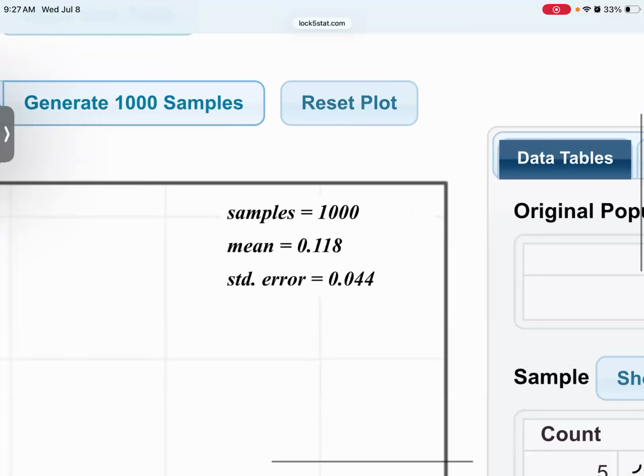And then now we also have a smaller standard error. So I'm going to write these down. I've got 0.118 as the average of the guesses, but my standard error is also smaller, 0.044.